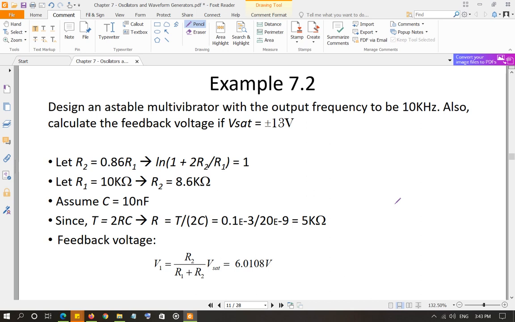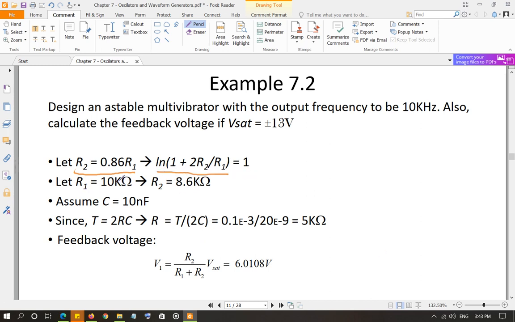Design an astable multivibrator with an output frequency of 10 kilohertz and a feedback voltage of positive and negative 13 volt. As I mentioned earlier, it will be easy for you to design if you stick with this relationship, so that the natural log of this becomes 1.